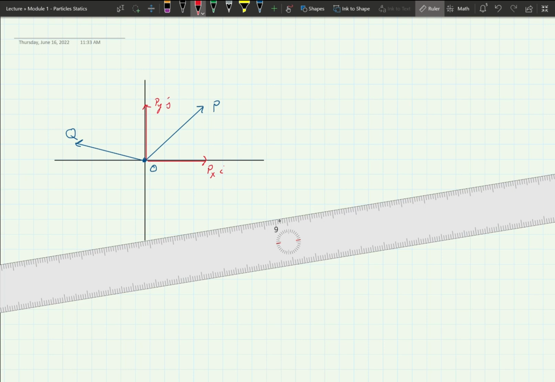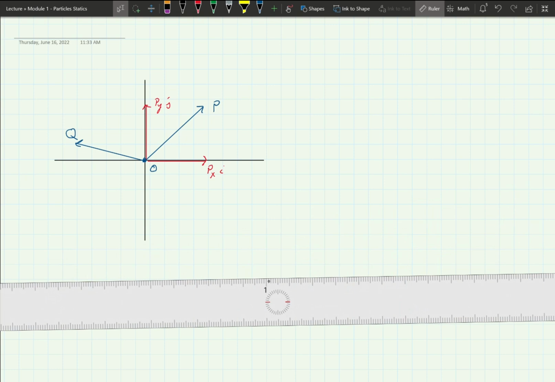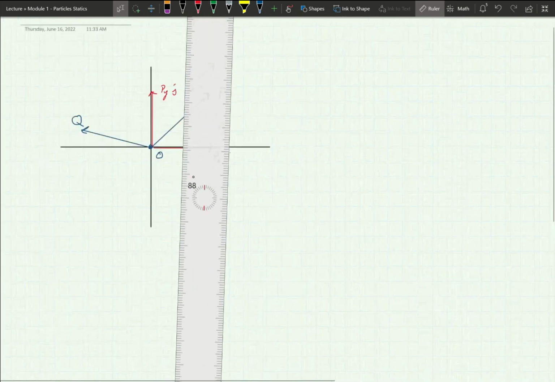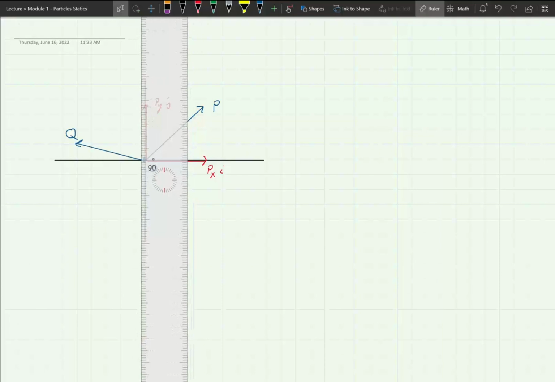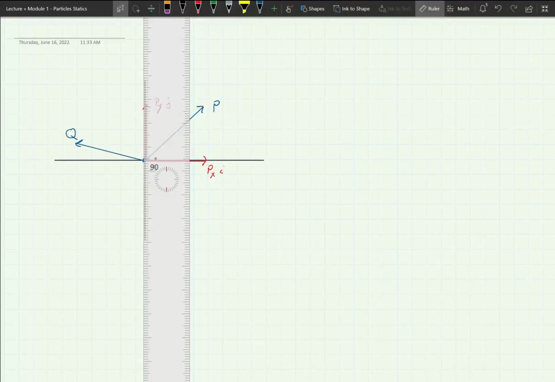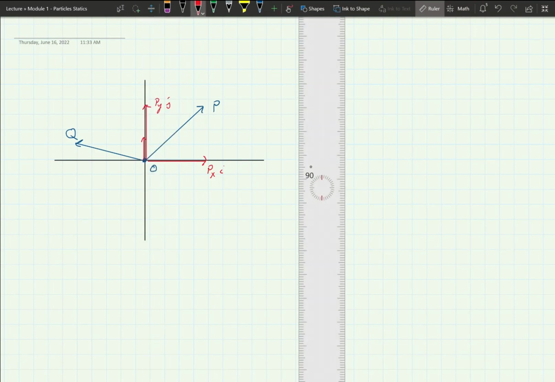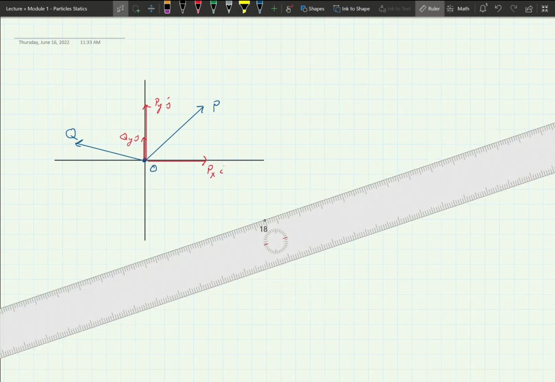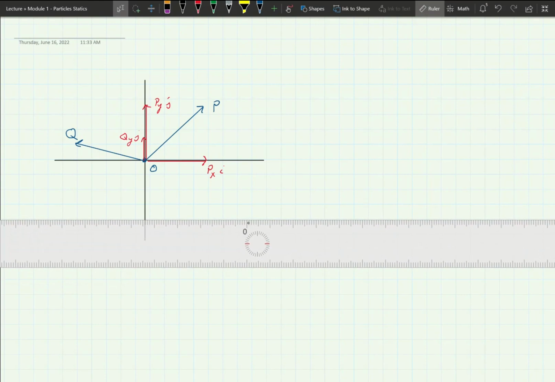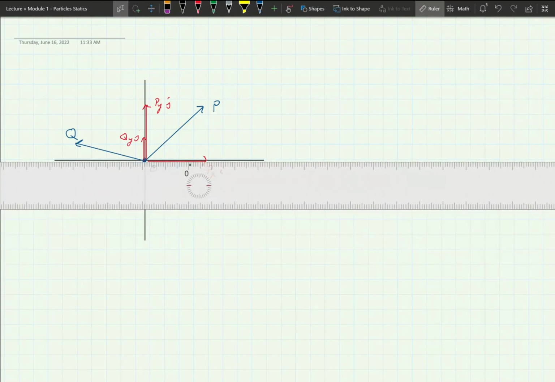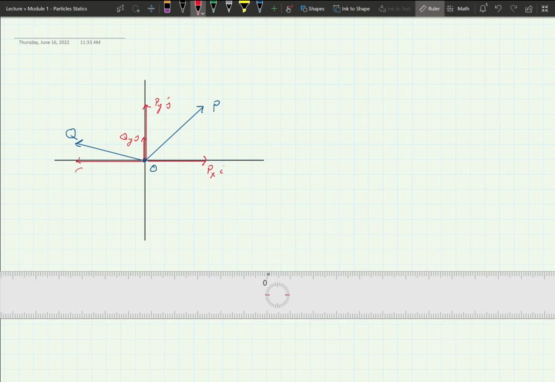Remember, that's our vector notation. And then when I do Q, I'm going to do this one, and that'll be Qy j, and then I'm going to do one on the x-axis, which will be this way, and that one will be Qx i.